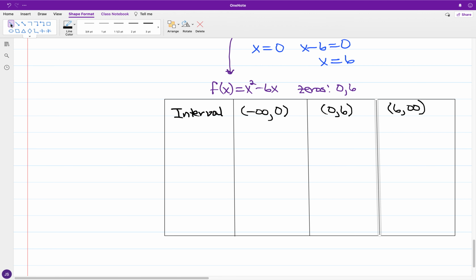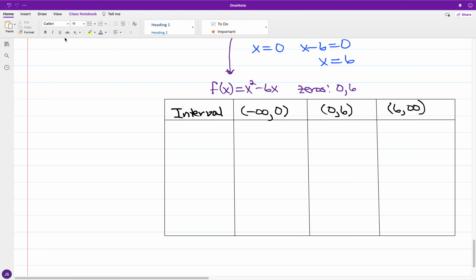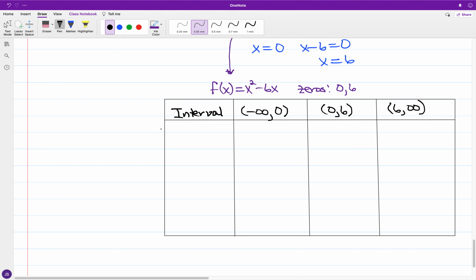And then assigning test values. Okay, so we're looking at assigning test values for the input. And then you're looking at testing out f of x, which I have as x squared minus 6x.